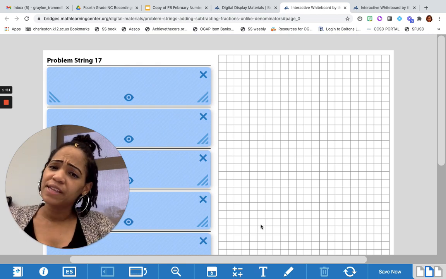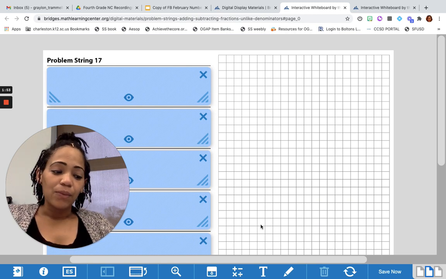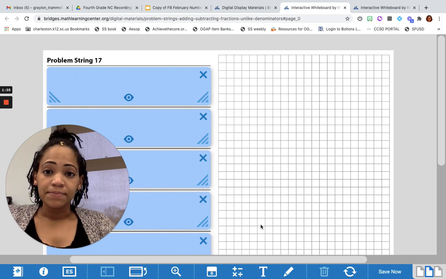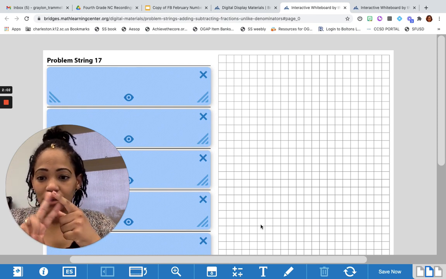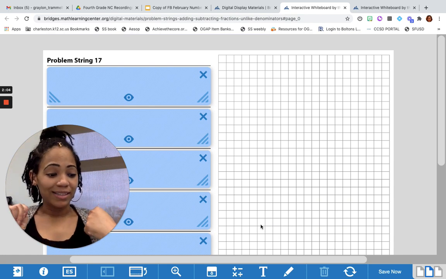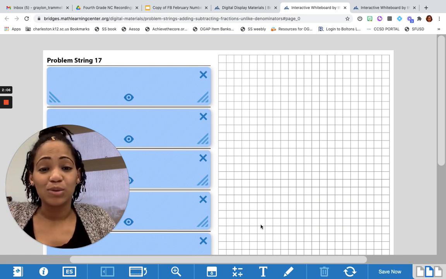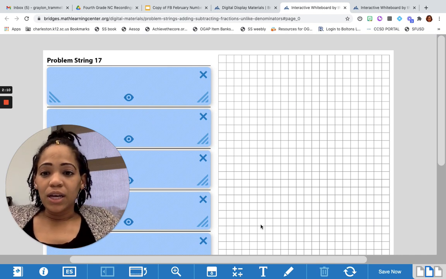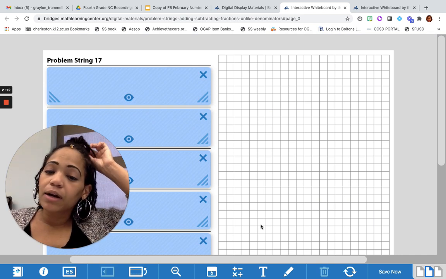So then if 1/5 is 20 cents, what is 3/5 of a dollar? Good, 60 cents, because 20 plus 20 plus 20 is 60 cents, or 0.60 for 60 hundredths.